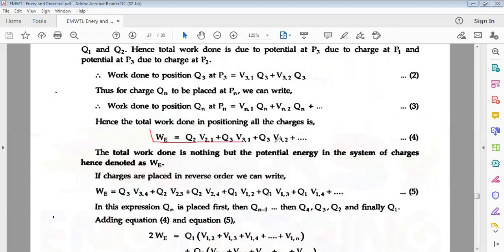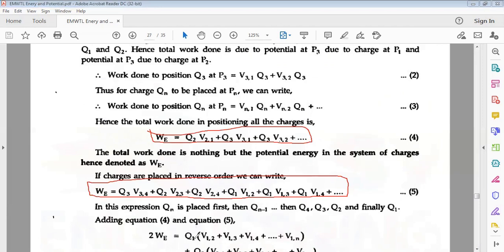So add these two equations, the reverse order and the forward order. The left hand side W plus W is equal to 2 WE.